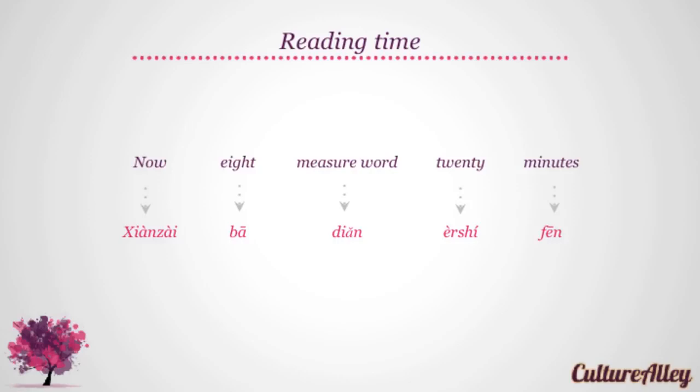Now translates to 现在. 8 becomes 八. Measure word used here is 点. 20 translates to 20. And minutes will be 分.